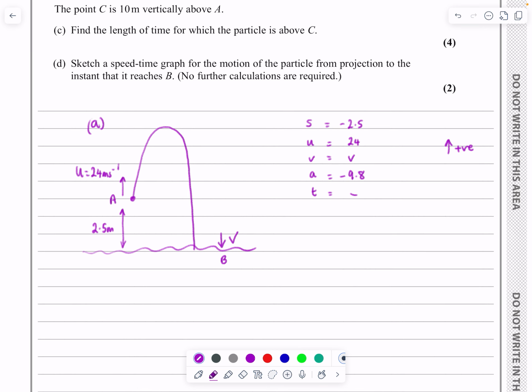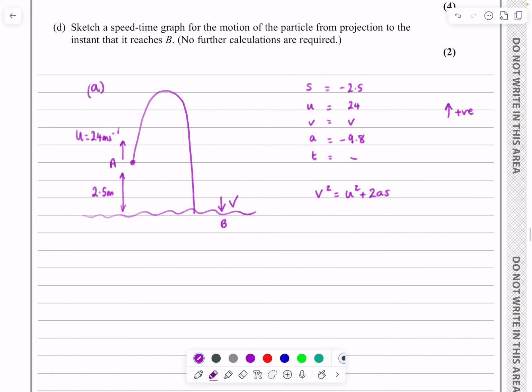When I've got U, S, V, and A, the equation is V squared equals U squared plus 2AS. So it's simply a matter of substituting everything in. V squared is equal to 24 squared plus 2 lots of minus 9.8 and minus 2.5.